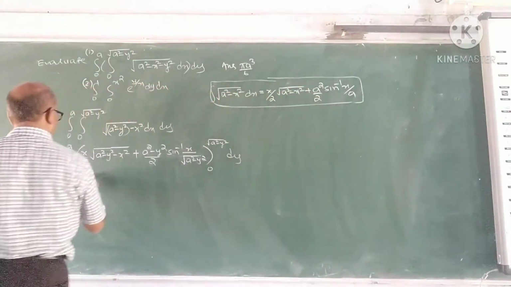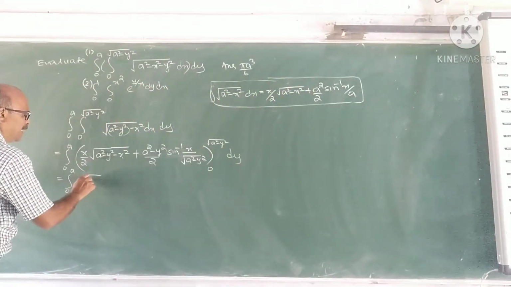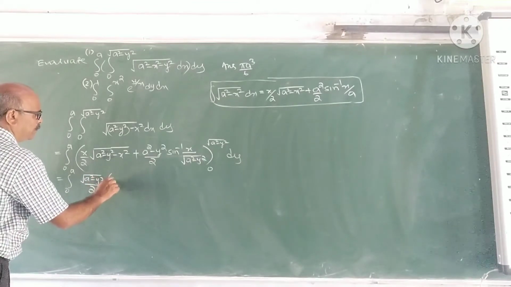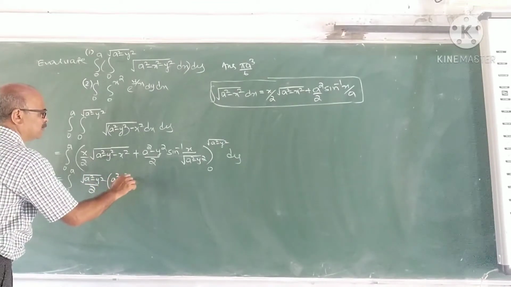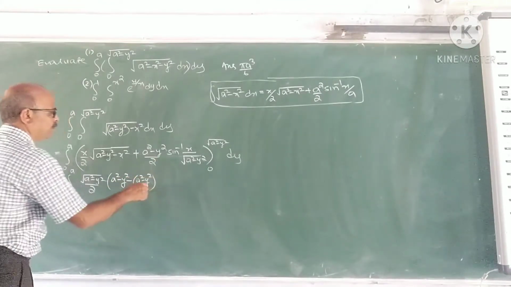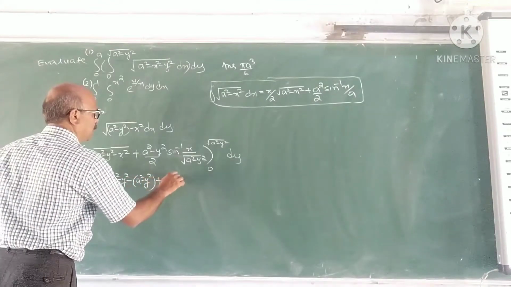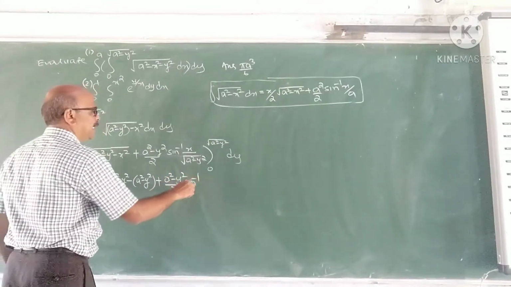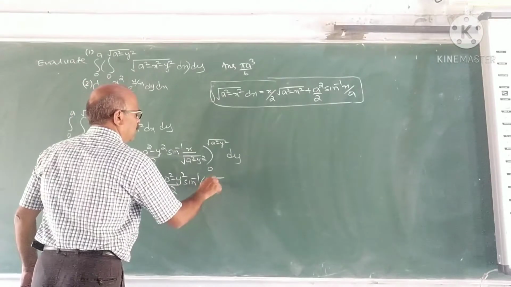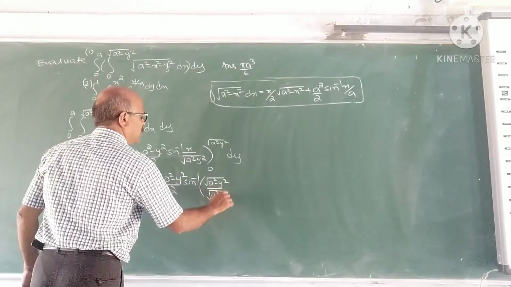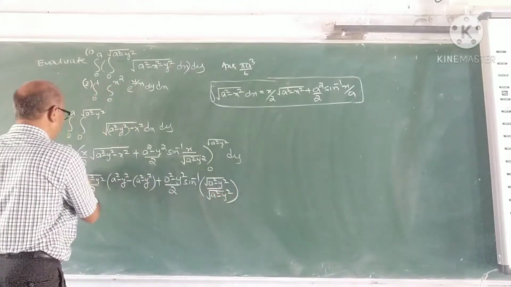Therefore, root a square minus y square by 2 into a square minus y square minus x square, plus a square minus y square by 2 sine inverse of root a square minus y square upon root a square minus y square.